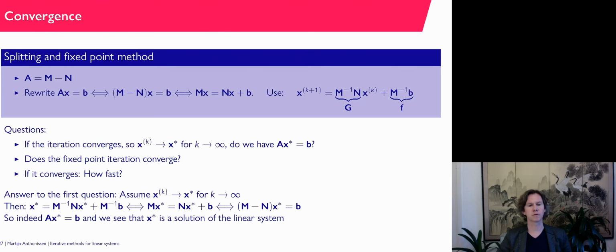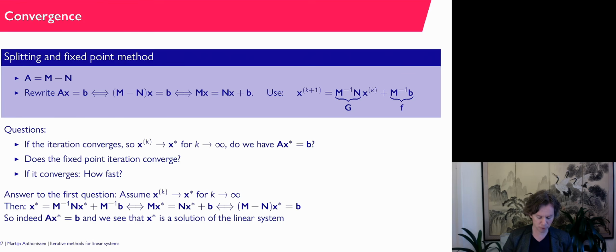So let's see. First question is easy, because if x_k converges to x star, as we have here, then if we plug it into the equation up here, we know that both x_(k+1) here on the left goes to x star, and also x_k goes to x star because they have to converge to the same limit, x star.